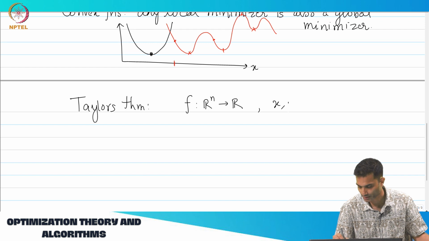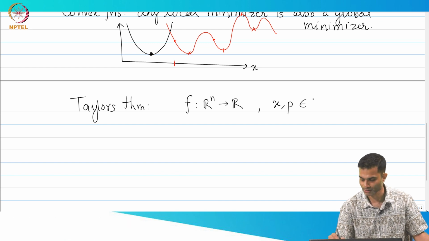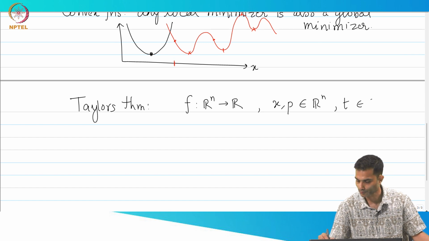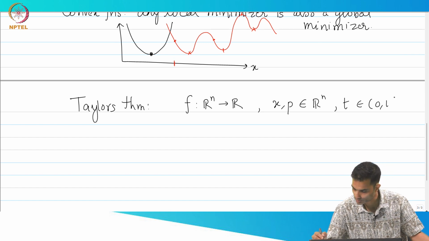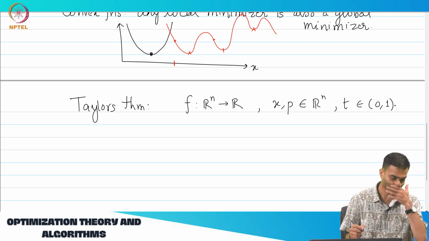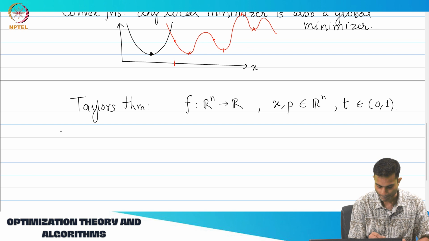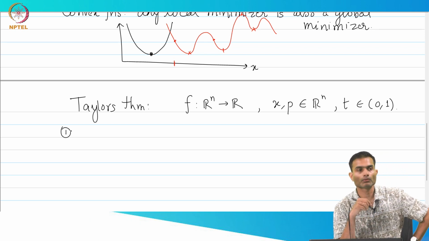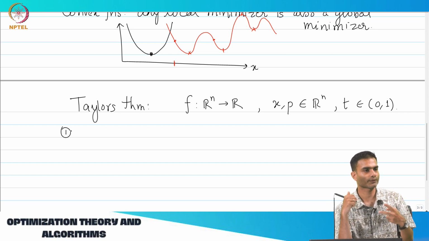Common notation is that I'm going to talk about 2 points which live in n-dimensional space, and I will work with a scalar. Now I'm going to give you 2 flavors of Taylor's theorem.